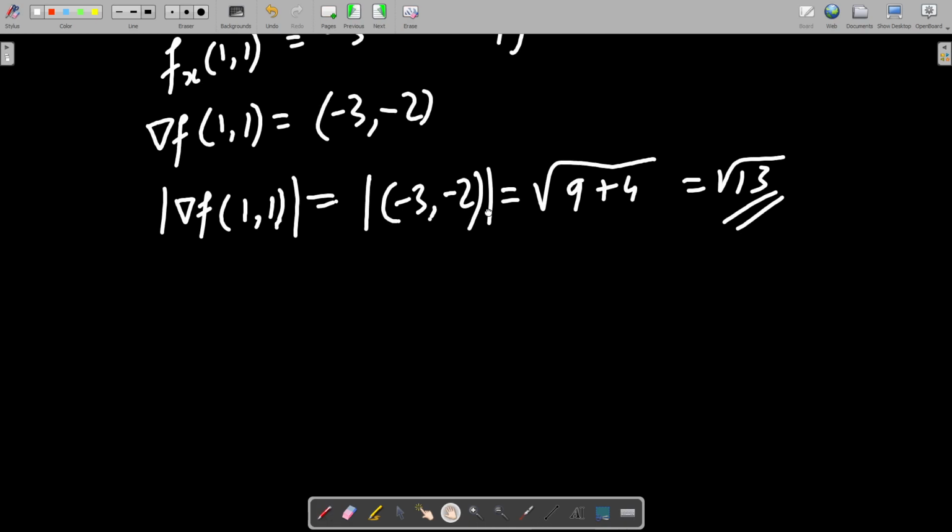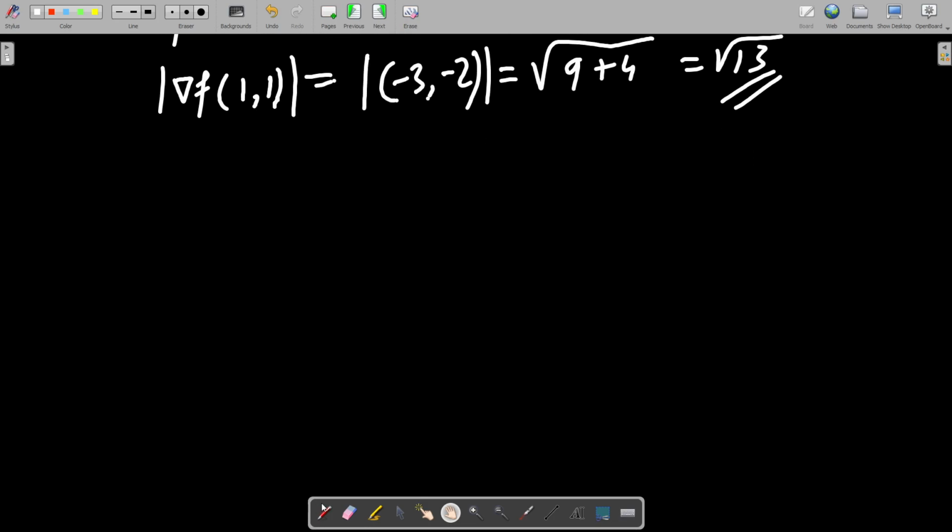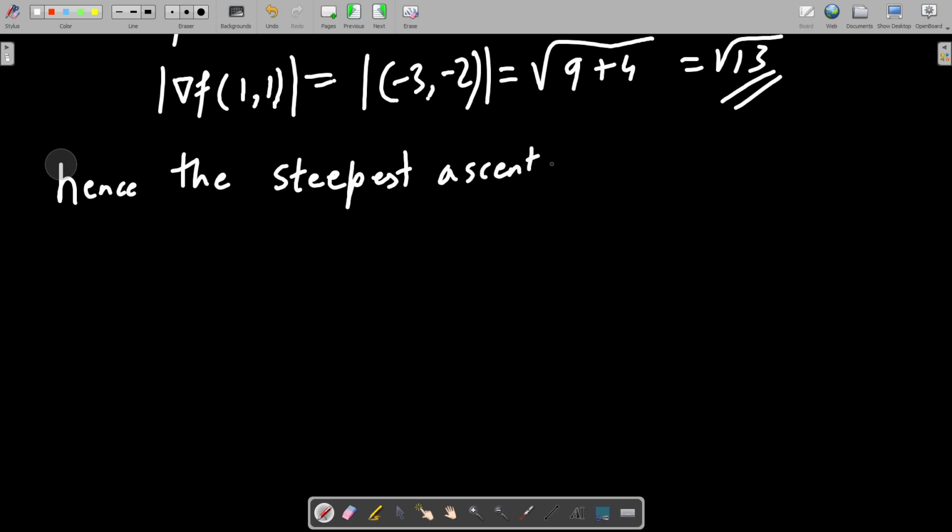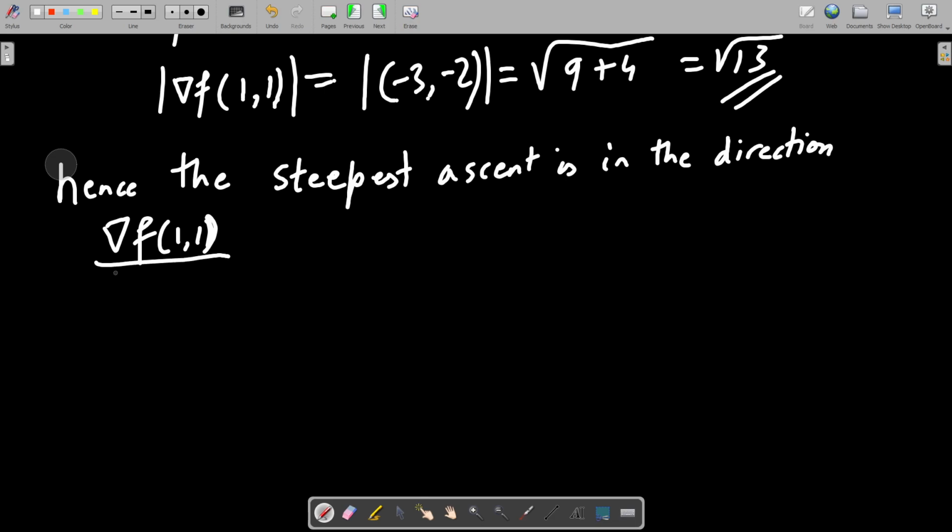Hence the steepest ascent, meaning the direction in which it is increasing the most rapidly, is in the direction of the gradient of f at (1, 1) divided by the norm of the gradient at (1, 1).